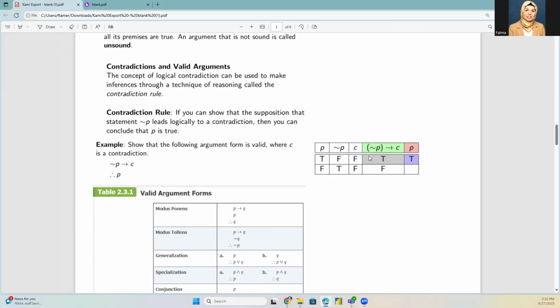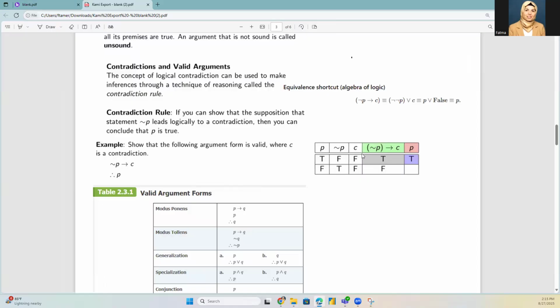So both premises, this one, we can also prove this contradiction rule using some algebra. Remember the first premise is if not P, then C. We learned last class that we can rewrite this as not, not P, or C. So two negatives create a positive.